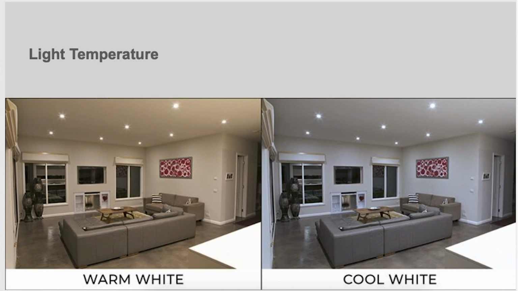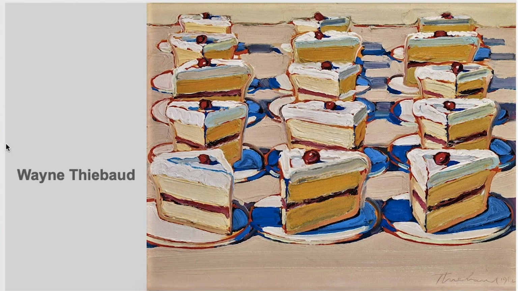Those are important because let me show you an example of an artist. Wayne Thiebaud is one of my favorite artists. He is an amazing painter. But you notice all of his shadows are very cool, but he does this on purpose because the subject of his painting are these cakes. The cake itself is constructed of all warm colors, right?